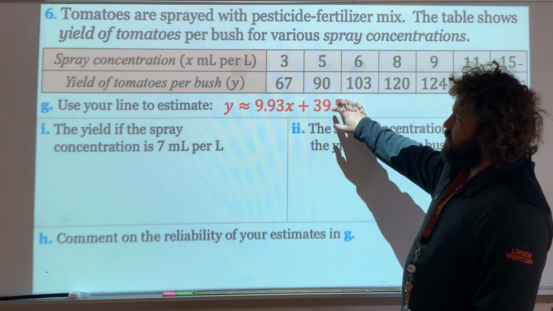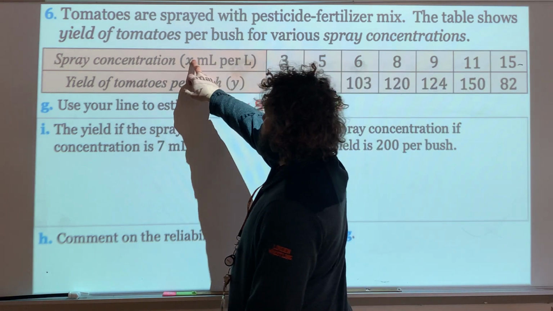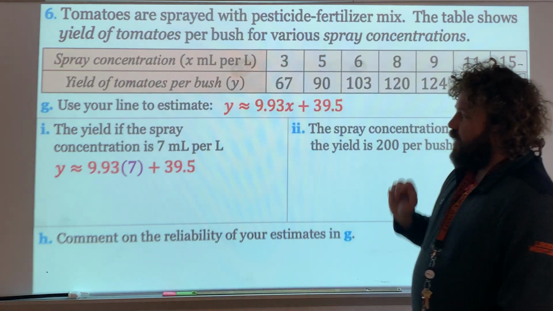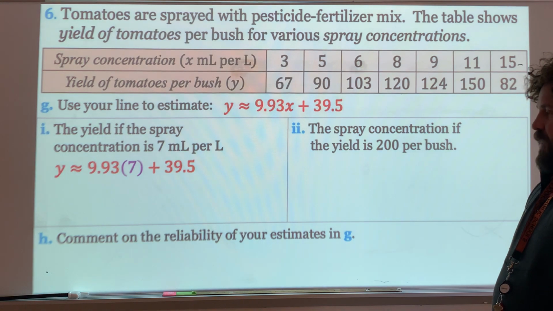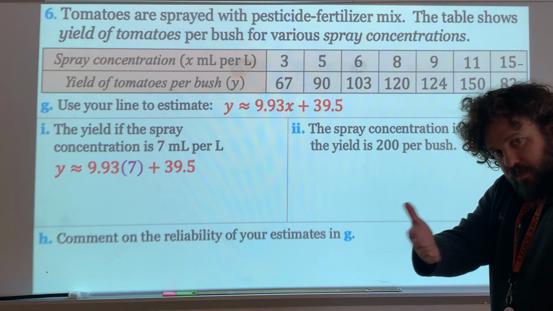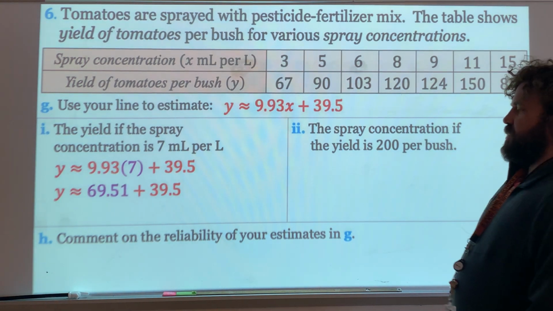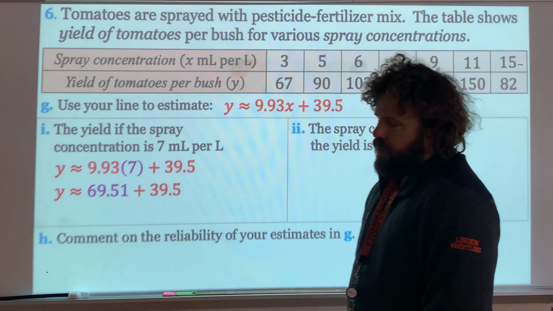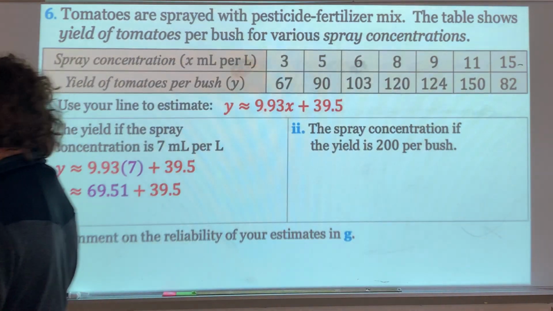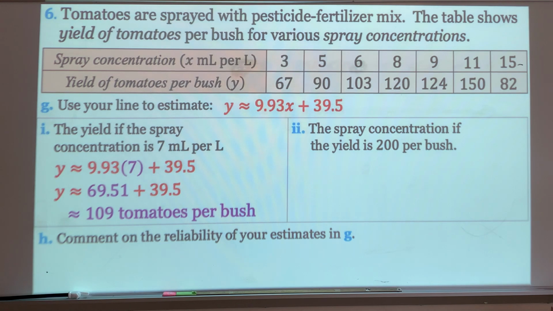You're going to plug something in here. So this is our x. So this gets plugged into our x. And as an answer, you should get 69 and 51 hundredths plus 39 and 5 tenths. And you get approximately 109 tomatoes per bush. It's a lot better than the 40.